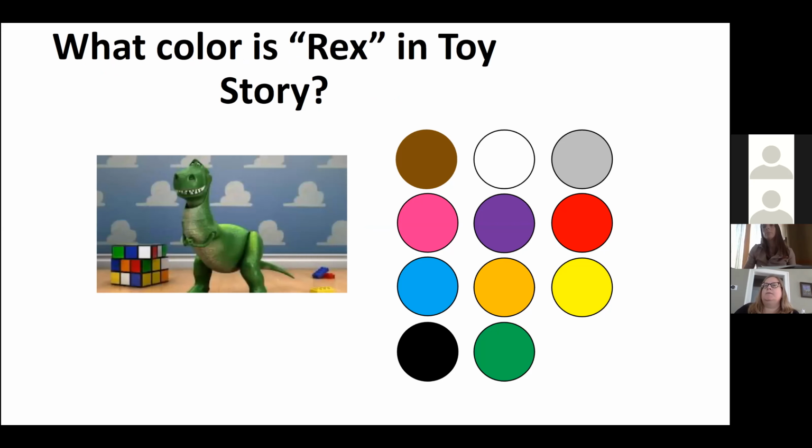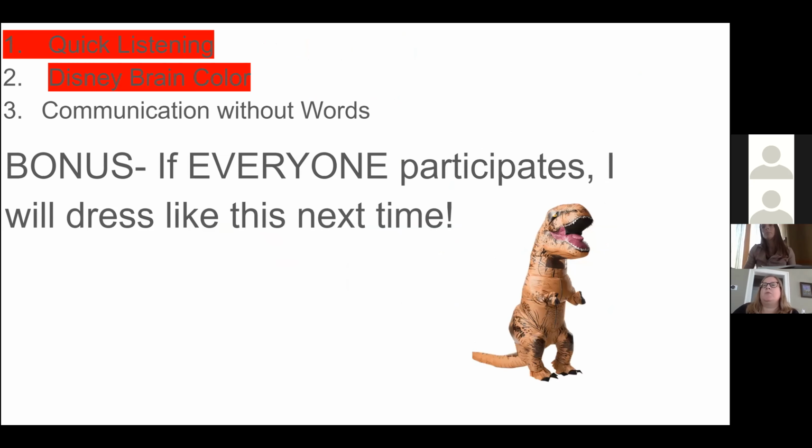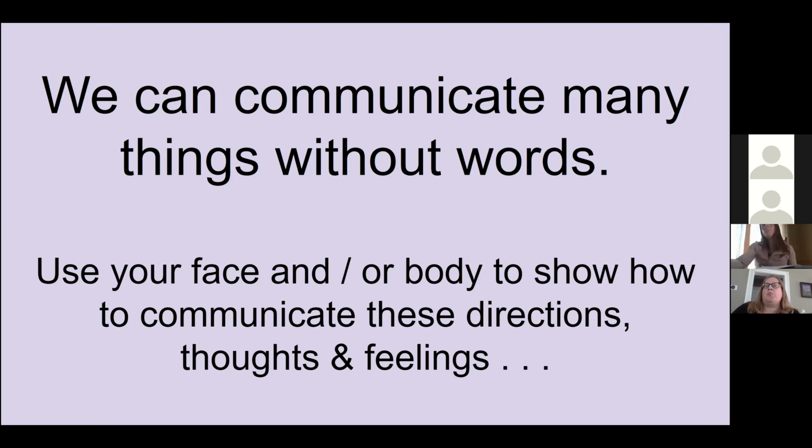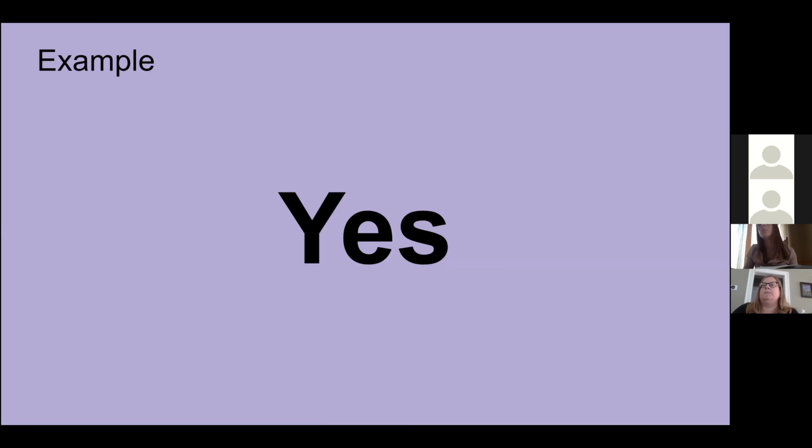Next activity. The last one we did was called communication without words, and that was really simple too. I gave them a prompt, and I had them tell me who wanted to act that out. Our example was, how would you say yes without using any words? I gave them that example, and then I had them all imitate it.